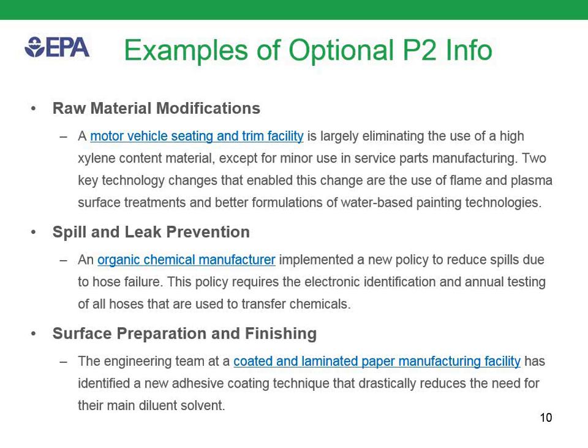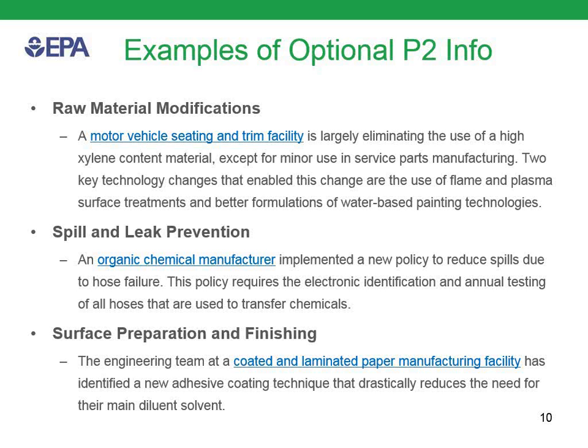So just up here I've put up 3 of the examples from the last year that we highlighted on our website. And so you see within each of the source reduction categories, raw material modification, spill and leak prevention, surface preparation and finishing, those are helpful when you're looking at high-level statistics, but in each of these cases, we have many detailed examples of what facilities say they've done.